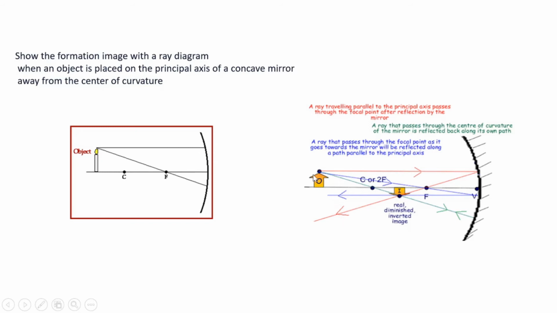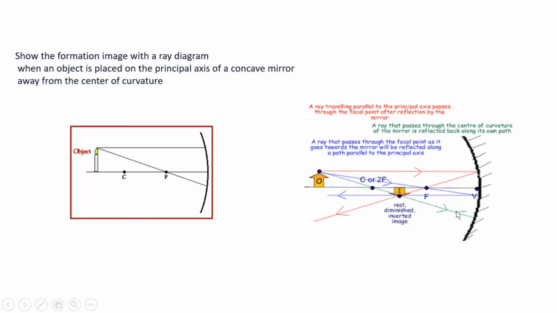Now the ray that passes through the center of curvature. See, this ray of incidence is passing through the focal point. But a ray which is passing through the center of curvature of the mirror is reflected back along its own path.